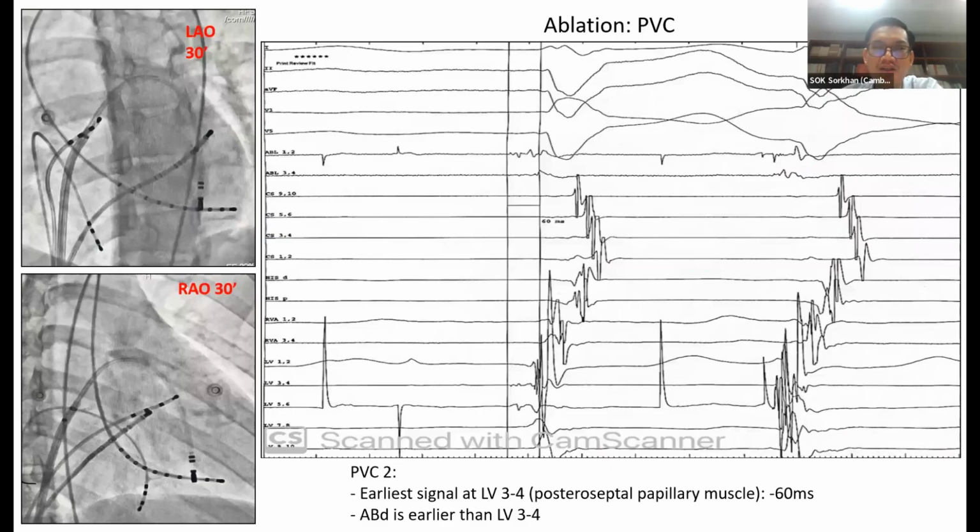So we mapped again and again, and got another fragmental signal, but we think it may be artifact or another fragmental signal. We don't know, but it's earlier than LV34. So we tried to burn here, but again we could not eliminate the PVC completely.